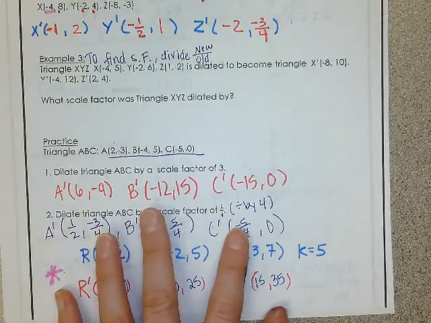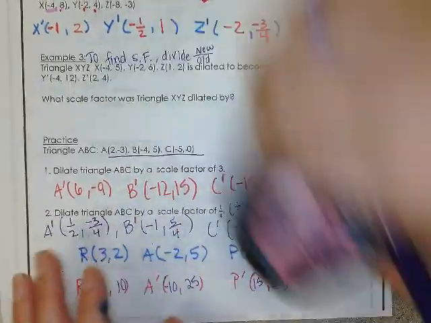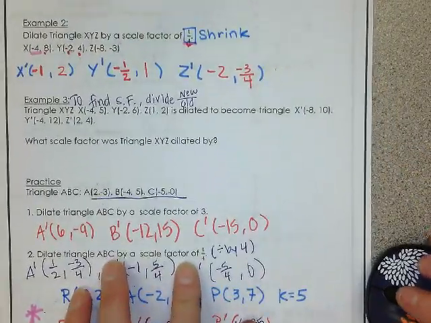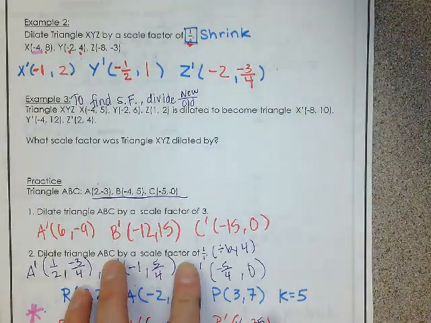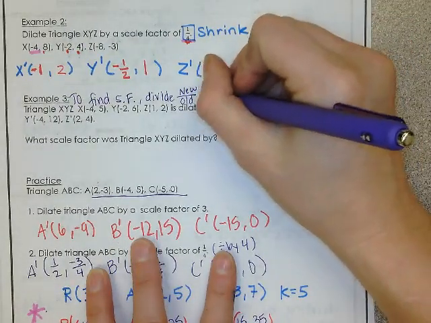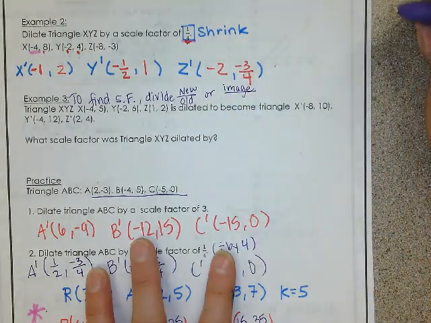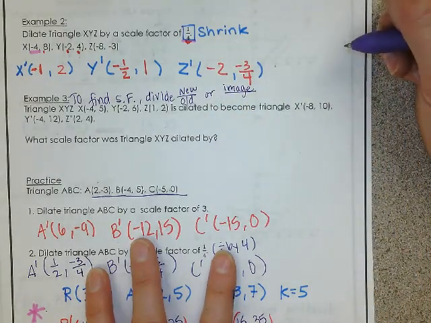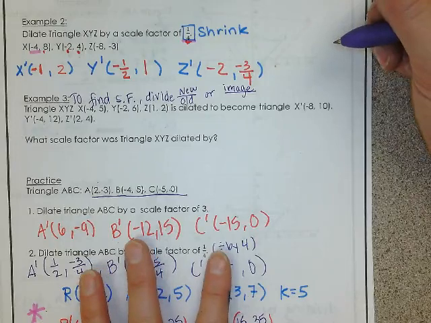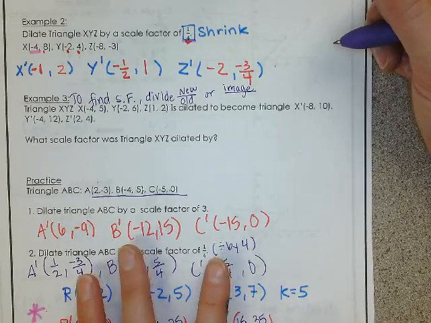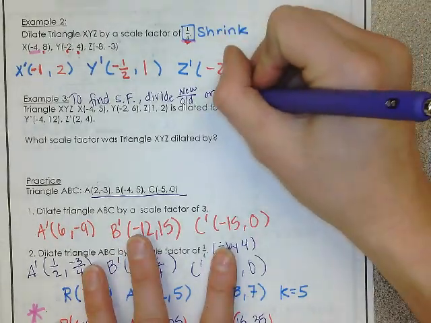If we use our appropriate vocabulary, our new shape is called the image. And what's the old shape? What's the original shape called? Pre-image. Perfect.